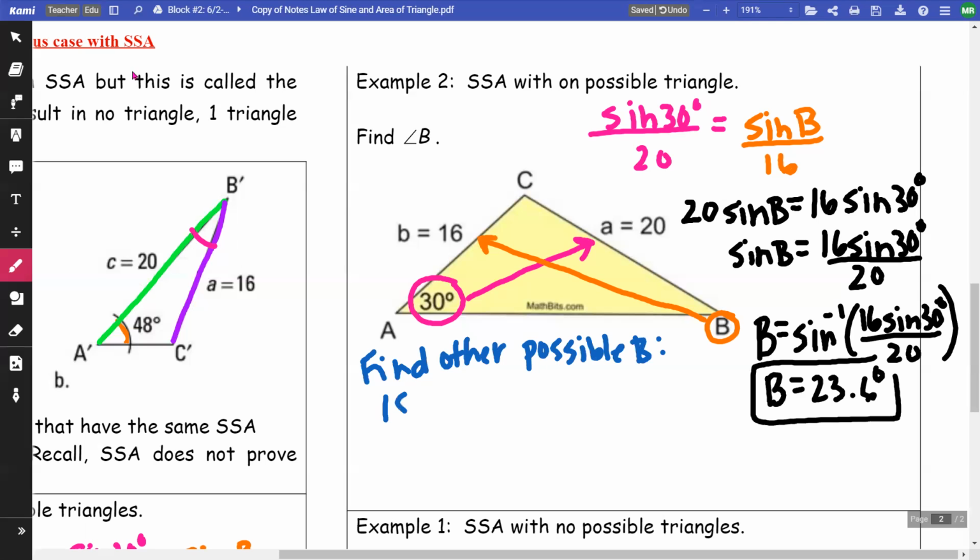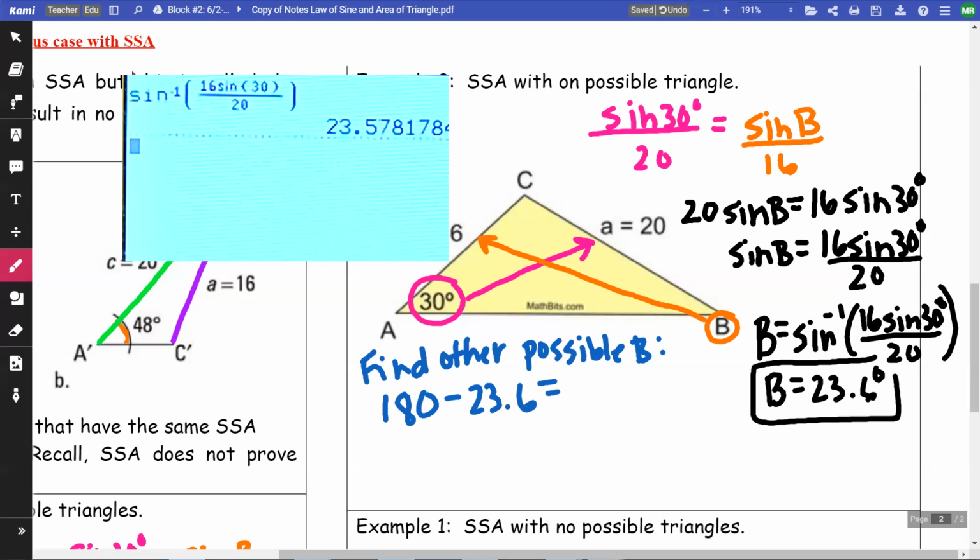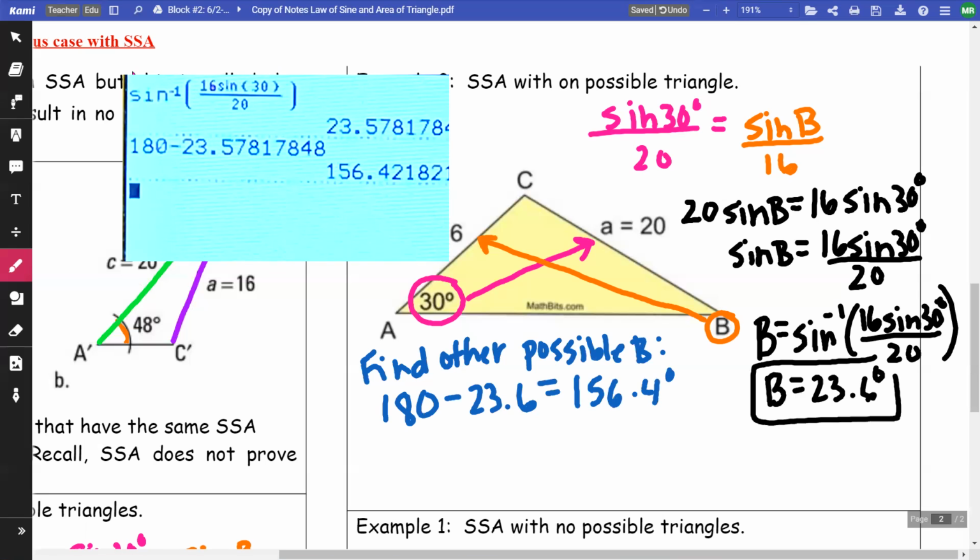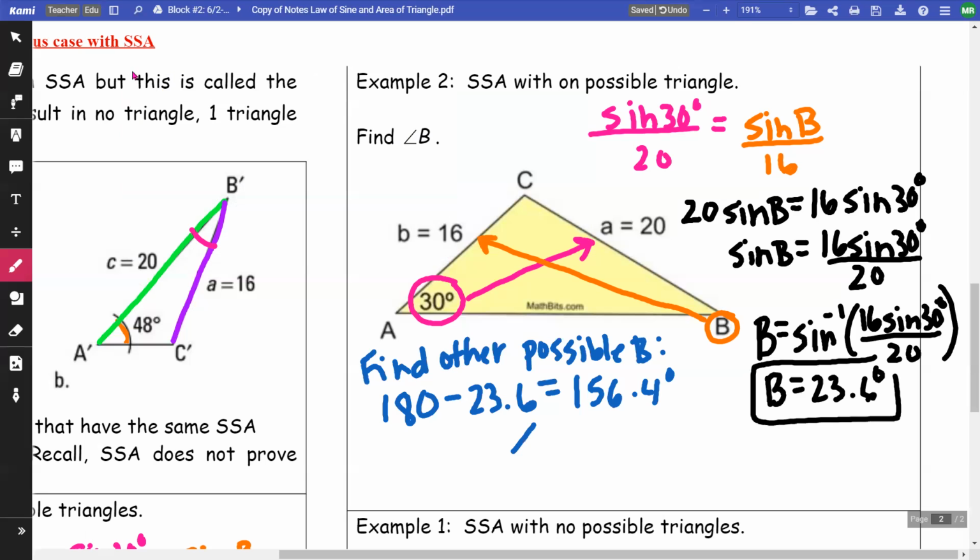So again, I take 180 minus the angle I just found to get the supplement, because that is possibly going to be our answer. So I'm going to take 180 minus my last answer, and I get 156.4 degrees. So let's take a look. If I am looking at my triangle, just kind of a visual, you don't have to draw this out, this is 30. This is 156.4, possibly.